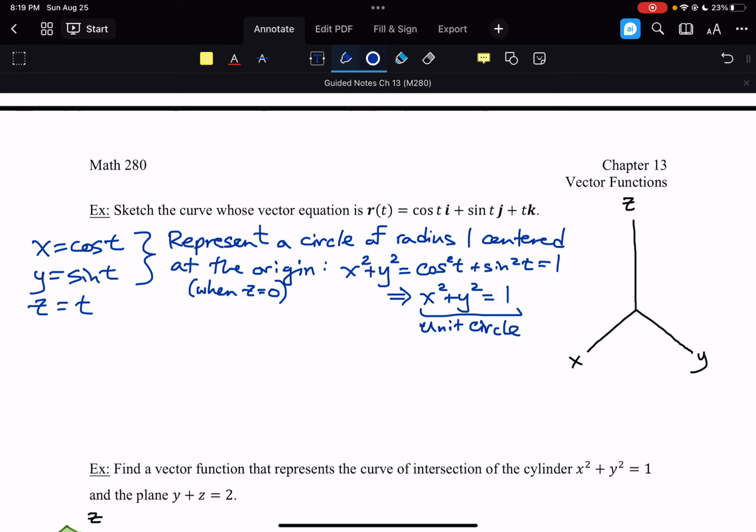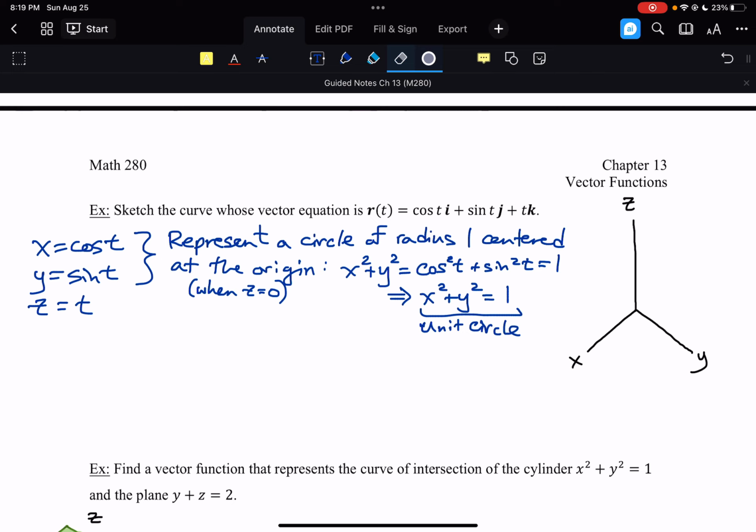So if those were the only two equations, we would get a circle of radius 1 everywhere, and this would be our curve. It would just be the unit circle.